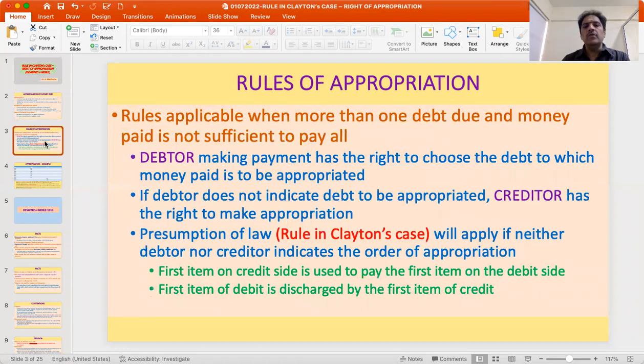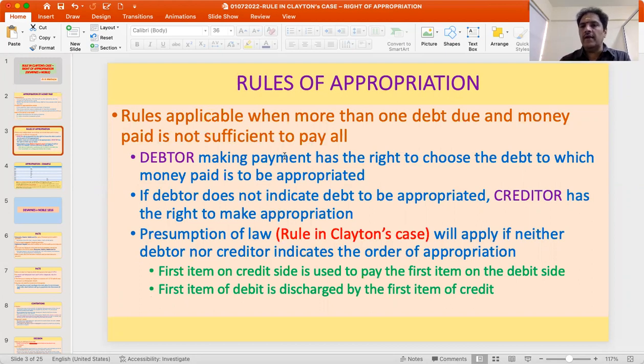Then the rules of appropriation, as I have indicated: where there is more than one debt due and the money paid is not sufficient to pay all, the debtor making payment has the right to choose the debt to which the money paid is to be appropriated. And if he does not exercise the choice, then the creditor has the power to make the appropriation.